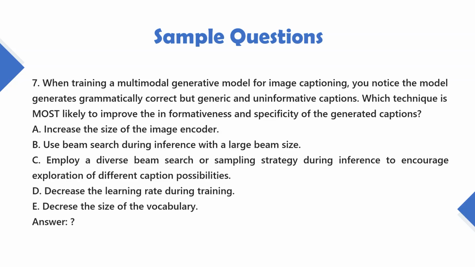B. Use beam search during inference with a large beam size. C. Employ a diverse beam search or sampling strategy during inference to encourage exploration of different caption possibilities. D. Decrease the learning rate during training. E. Decrease the size of the vocabulary.